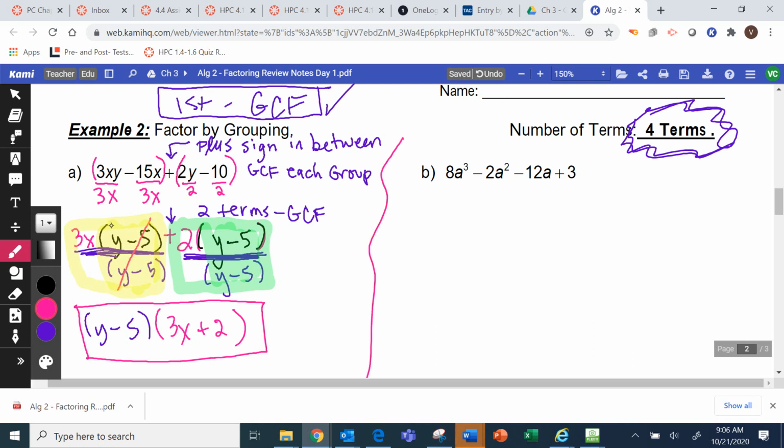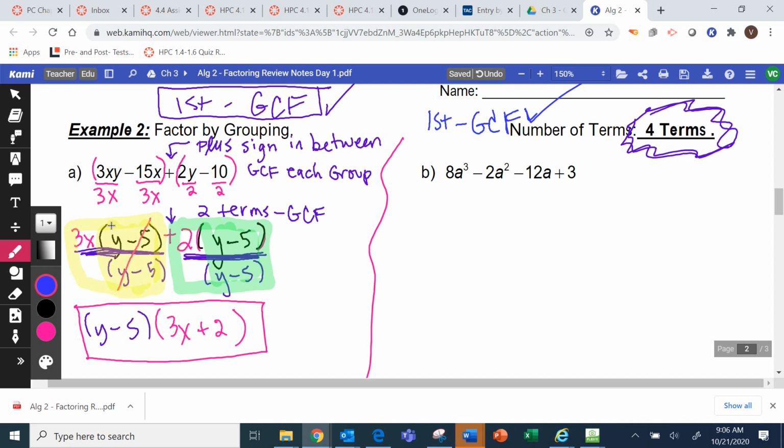Okay, same thing again. So the first thing we're going to do is notice that we have 4 terms, and we're going to check for a greatest common factor. So look in these 4 terms. Is there a greatest common factor? No. Okay, but we looked for it, so we get a check mark on that. This is 4 terms, so I am going to separate it into groups.